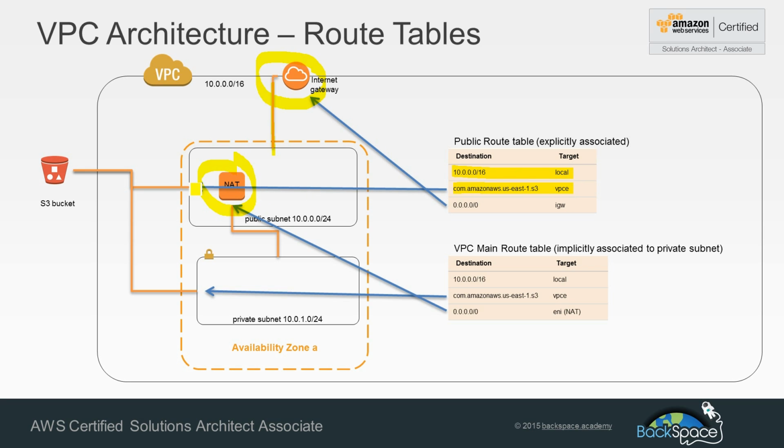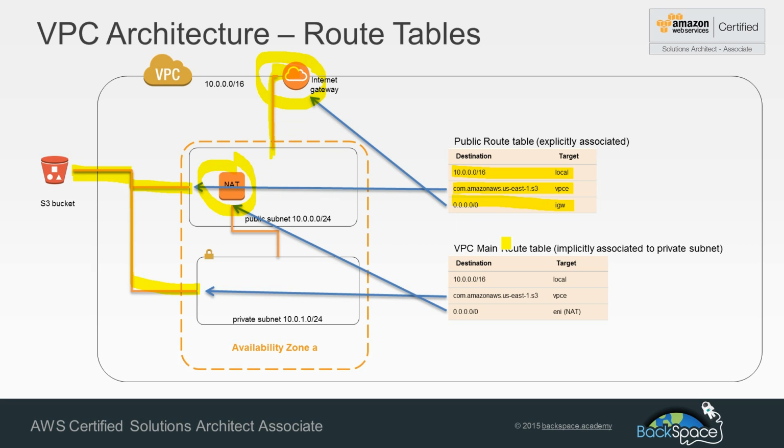That allows us to connect directly from our public and our private subnets through to an S3 bucket without having to go through the internet gateway and then back out and in again from our S3 bucket. And with our public subnet, to connect to the wider internet, we have a route through to the internet gateway, and that's what we've got going on there.